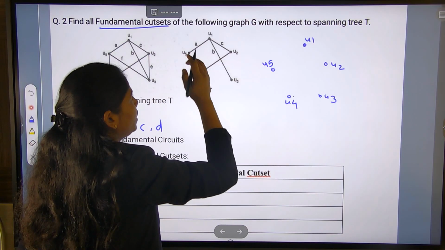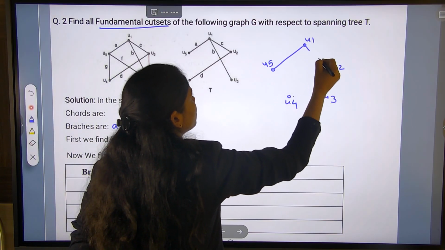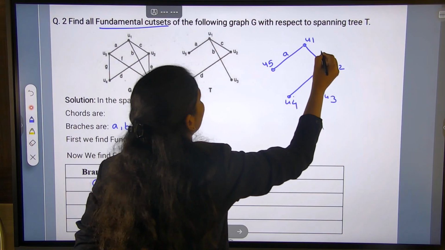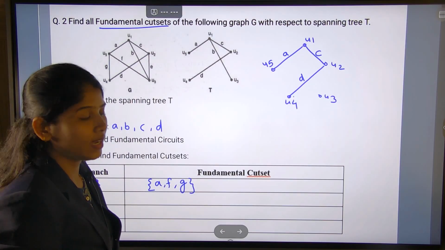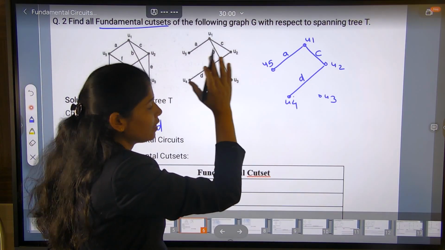Remove that edge B and draw all the edges from the spanning tree: A, C and D. Here we can see that if we remove edge B, then we get two disconnected components.